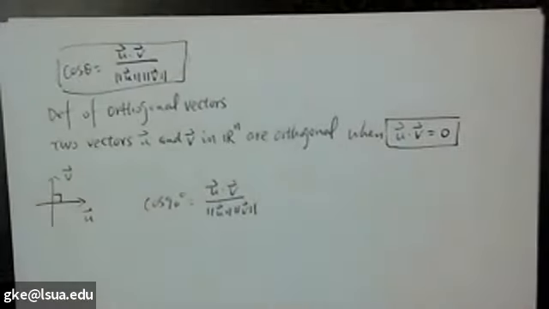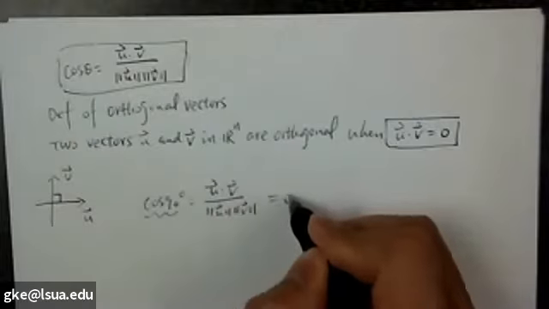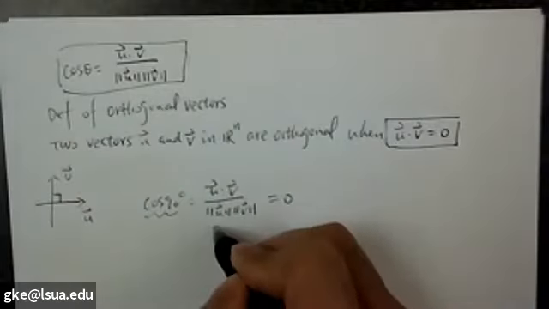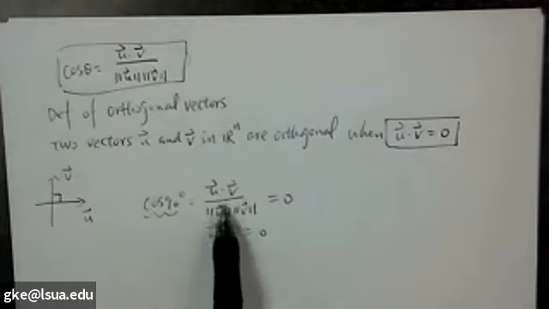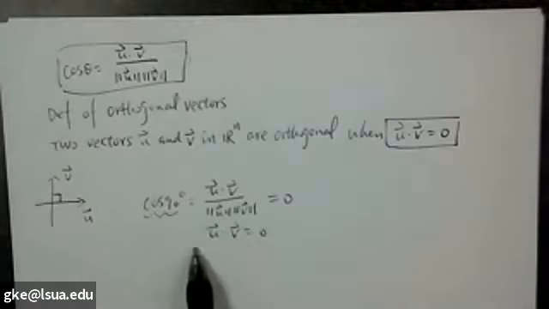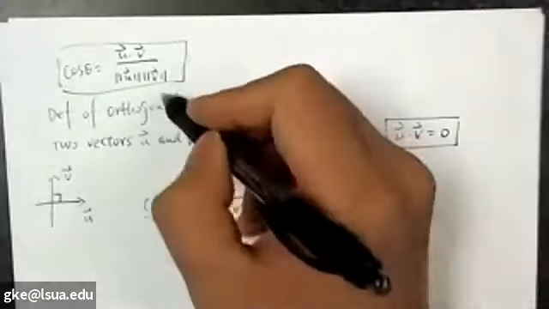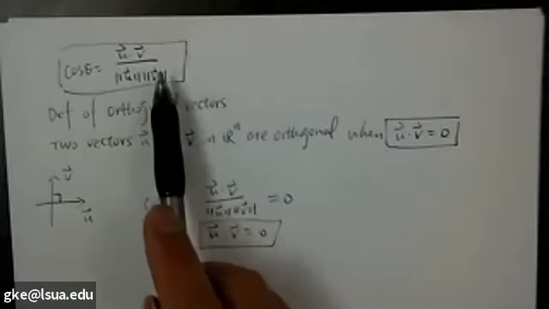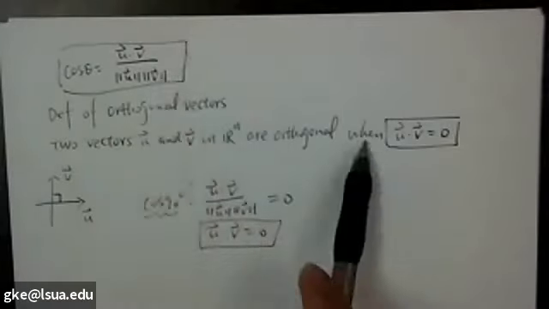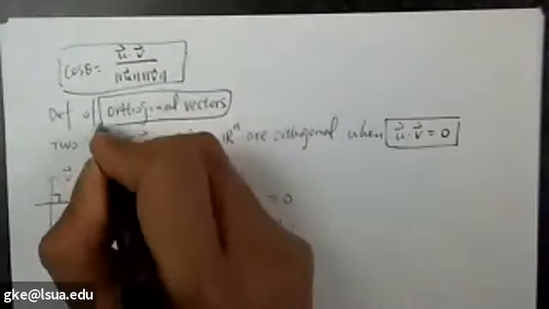Since theta equals 90 degrees, cosine theta equals 0, right? So we're going to get these two equal 0. Multiplying both sides, we get dot product equals 0. So we can derive the formula from here. That's the property of orthogonal vectors.